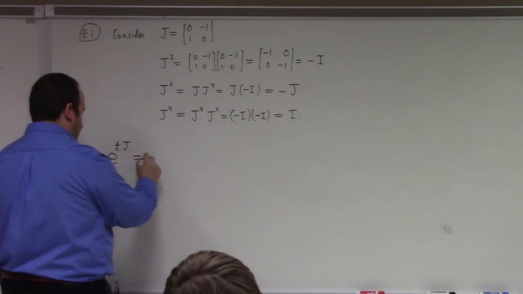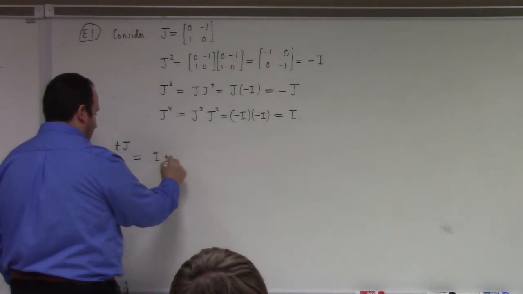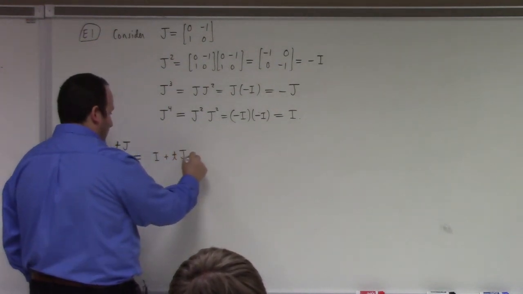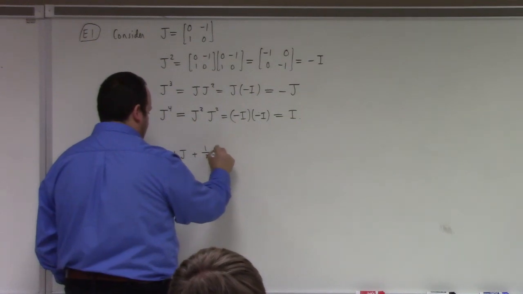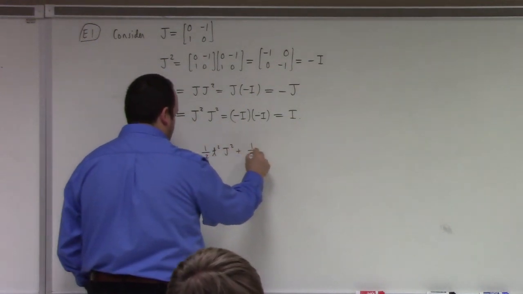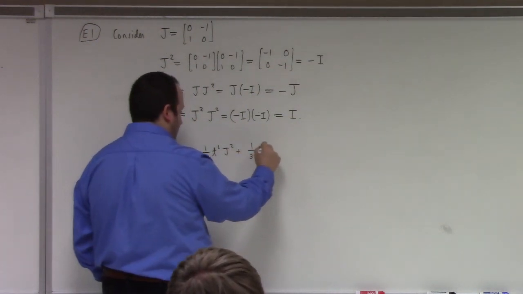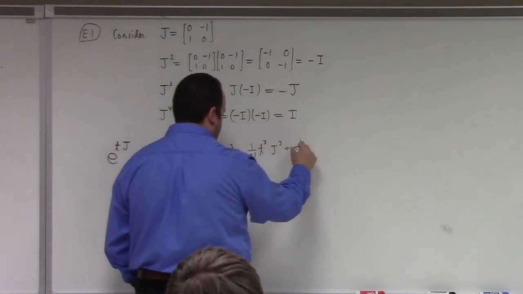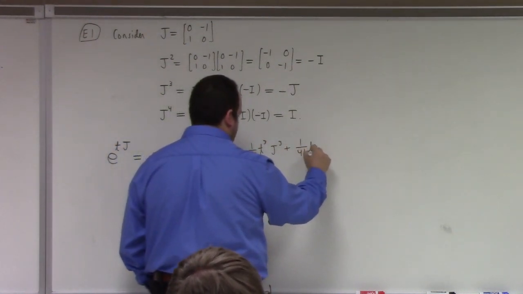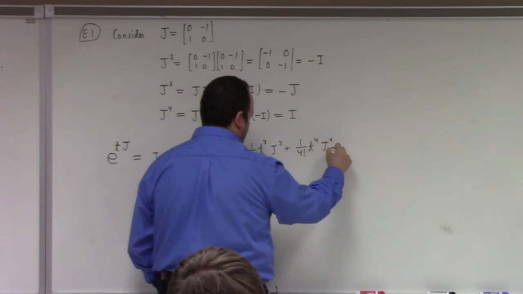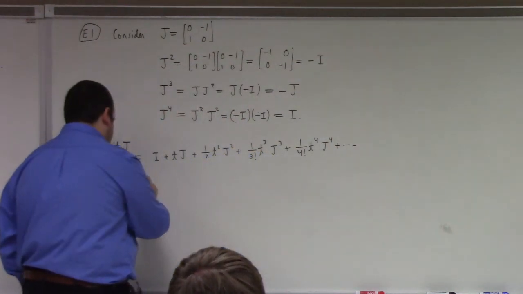See? So this is I plus tJ plus 1/2 t squared J squared plus 1/3 factorial t cubed J cubed plus 1/4 factorial t to the 4th J to the 4th, and so forth. So I can collect things.